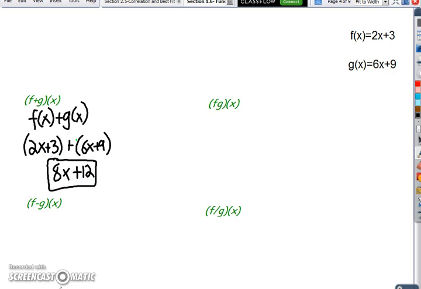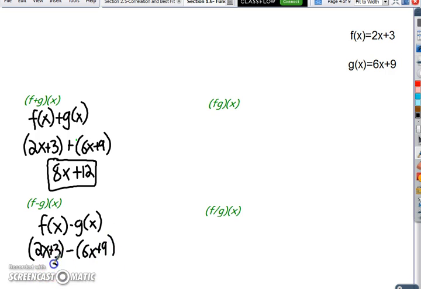Let's do subtraction. f minus g of x. Now, the trick for this one, and what I highly suggest doing, is why don't you distribute before you do anything crazy here. What I mean by distribute is the following. You've got to distribute the negative.